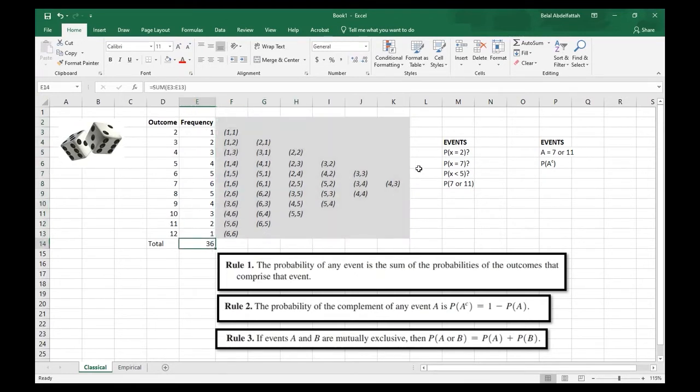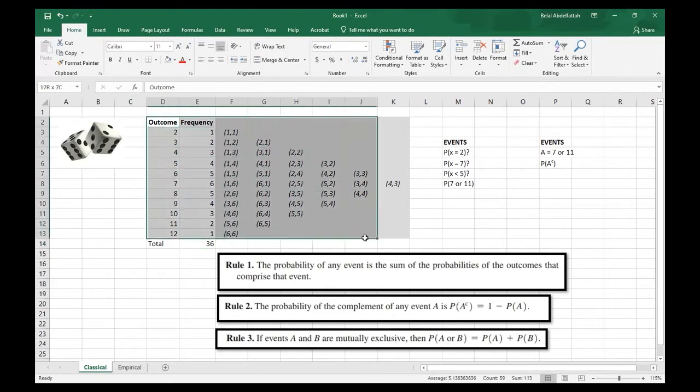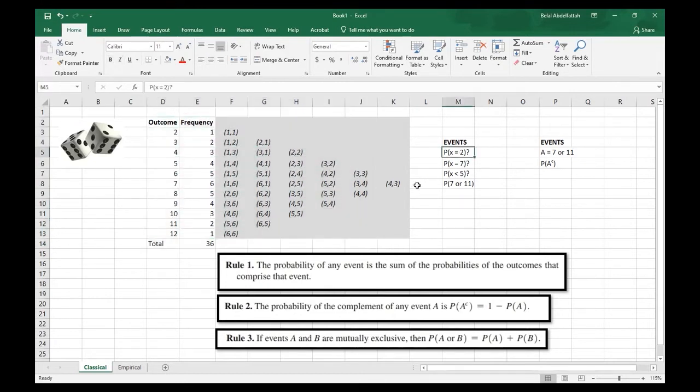So if we were trying to calculate some sort of probability event, then we would be able to get our answer based off of the information that we have here. So let's say, for example, the first type of event that we're interested in our experiment is the probability that the sum of the dice equals 2 if we were to roll the dice. So we could go to the outcome of x equals 2.